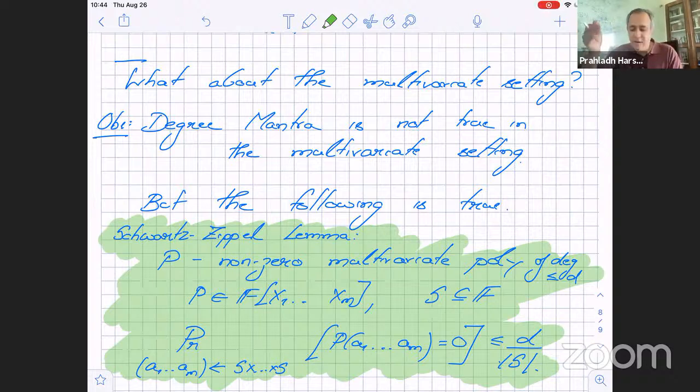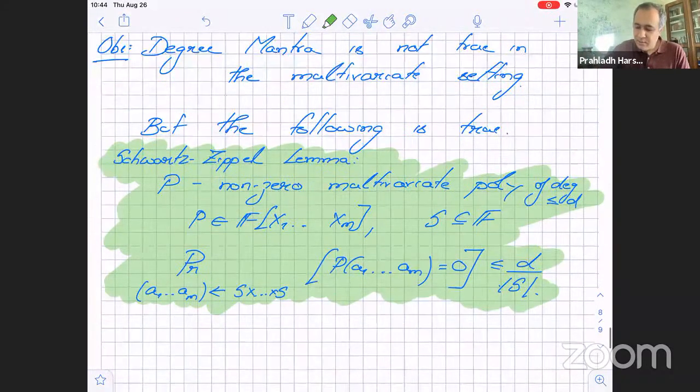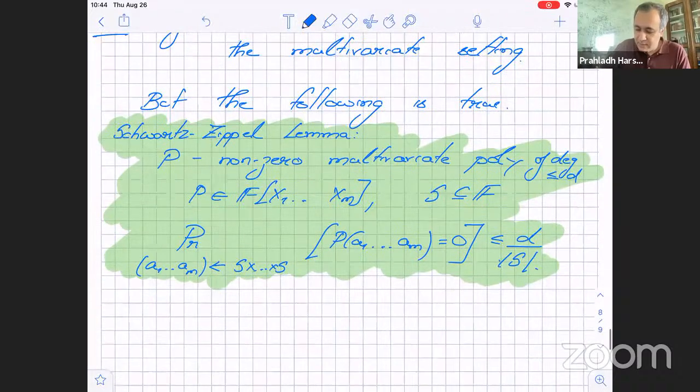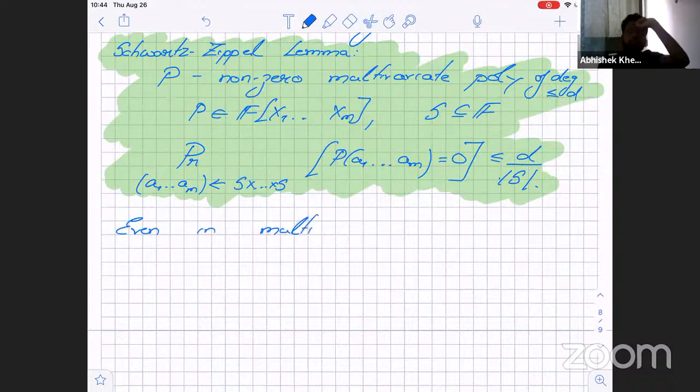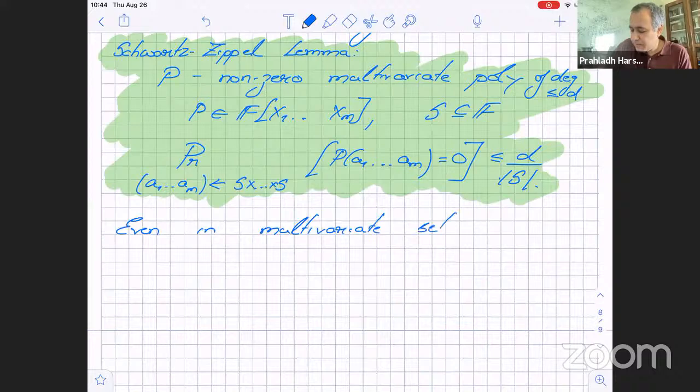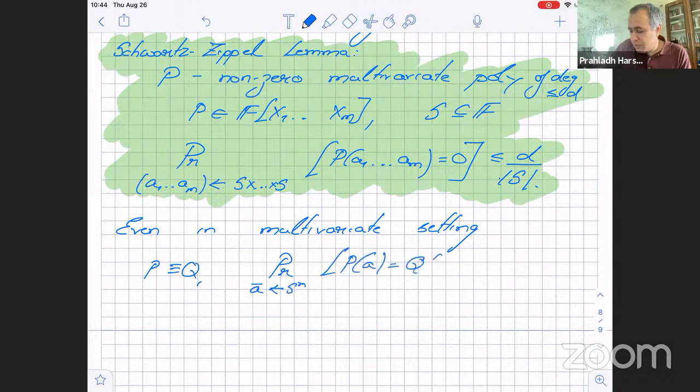And what's the probability of error? We have exactly the same thing. Even in the multivariate setting, we have the following. If P is equal to Q, then the probability, when you pick a-bar at random from S to the m, that P(a) equals Q(a) is, of course, 1.